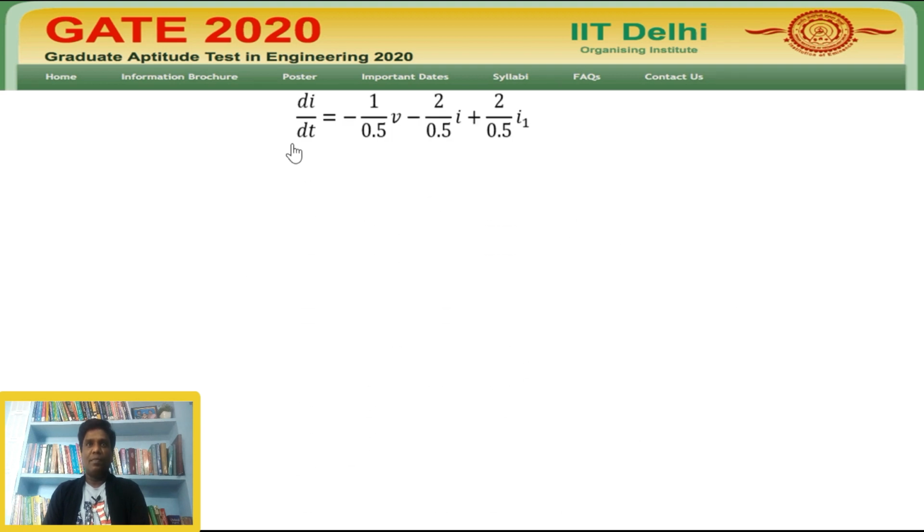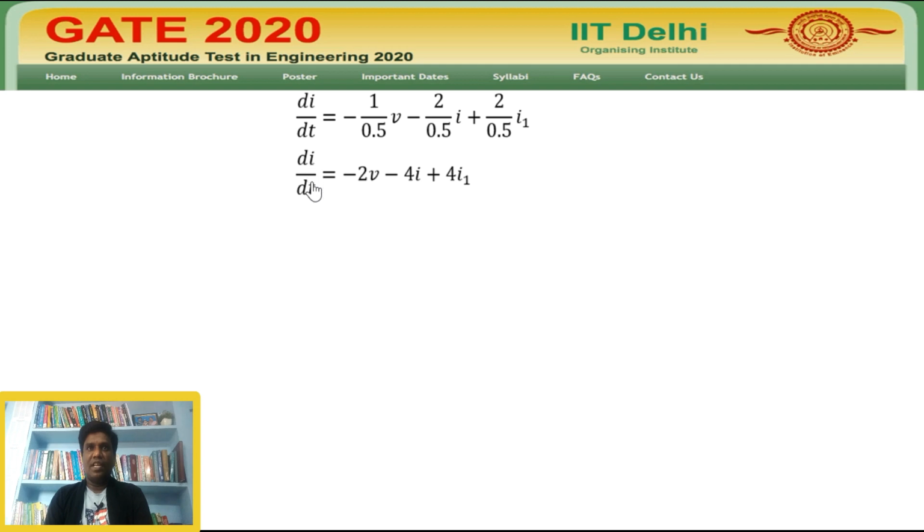Then the equation will be di by dt equal to minus 1 divided by 0.5 into v, minus 2 divided by 0.5 into I, plus 2 divided by 0.5 into I1. On the right hand side, 1 divided by 0.5 is 2 and 2 divided by 0.5 is 4. After that, the equation will be di by dt equal to minus 2v minus 4i plus 4i1.